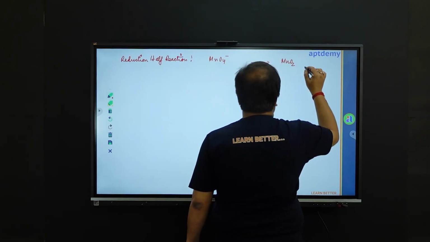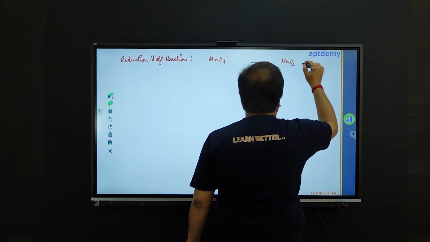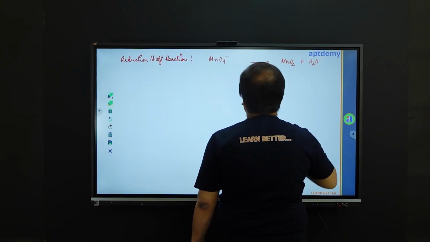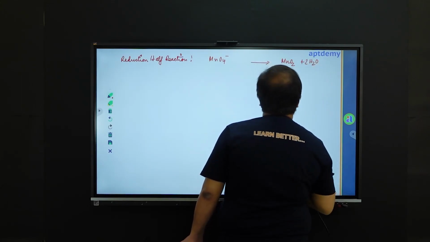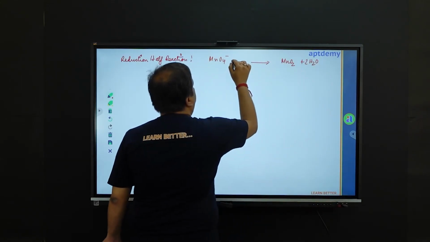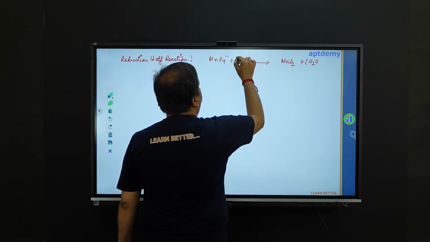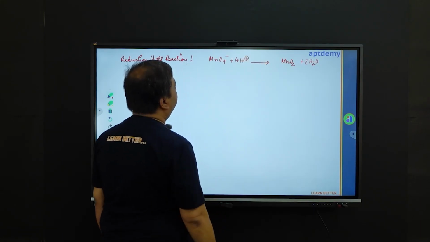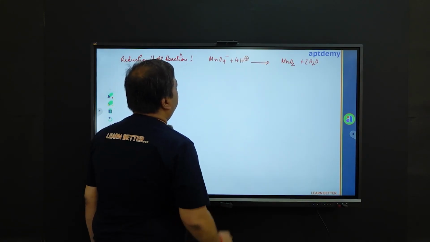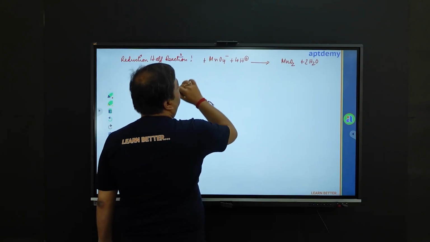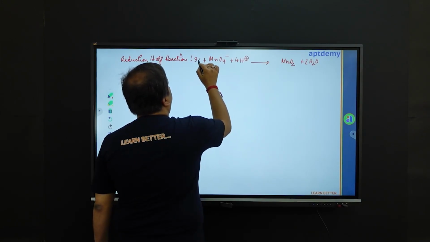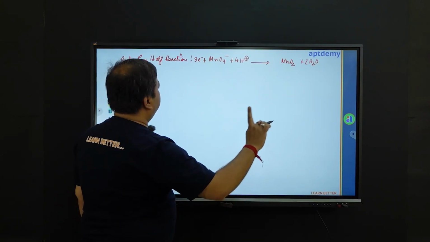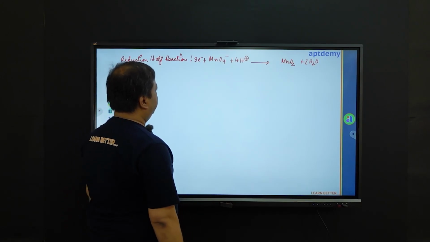First of all, atom balance: Mn is already balanced. So we will add water, and we have to add 2 water to balance the oxygen. Now to balance the hydrogen, we will add 4 protons. Now to balance the charge, we will add 3 electrons over here, because 7 minus 4, the difference is 3.